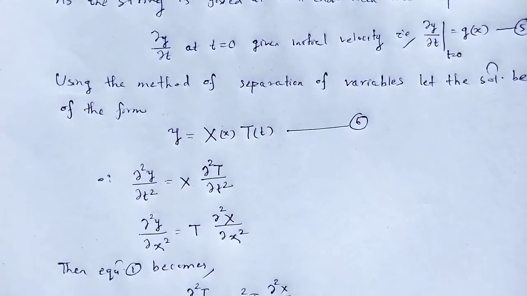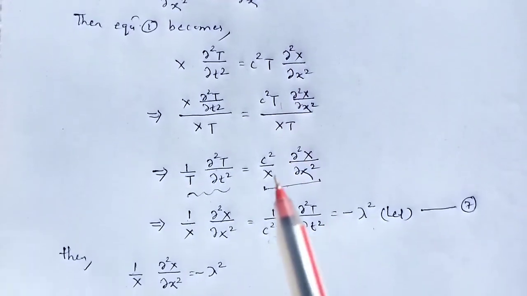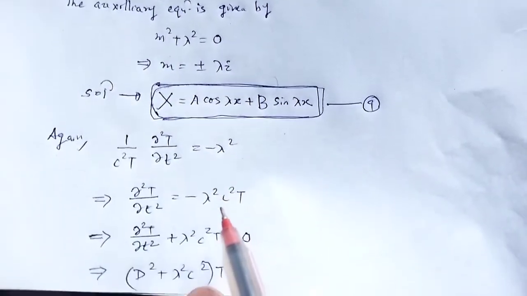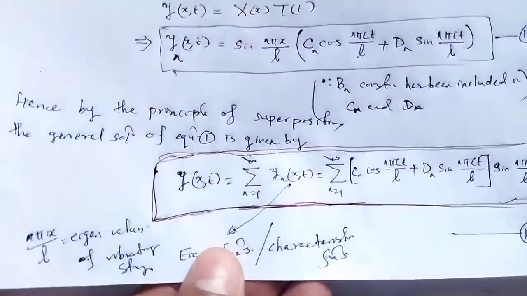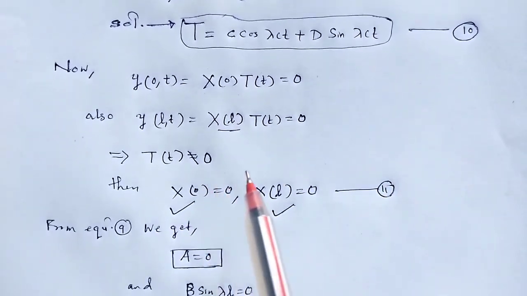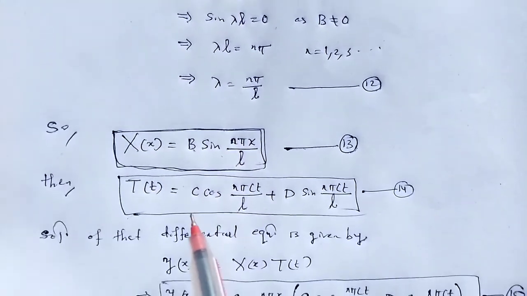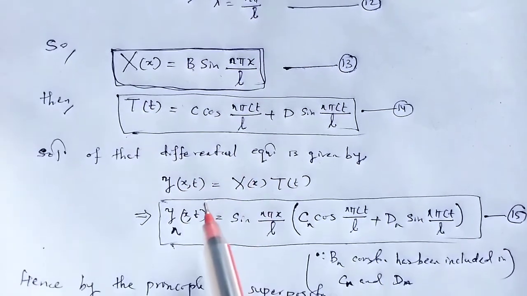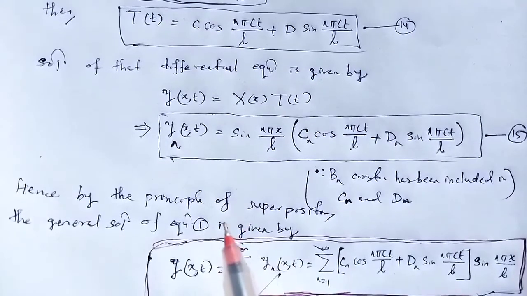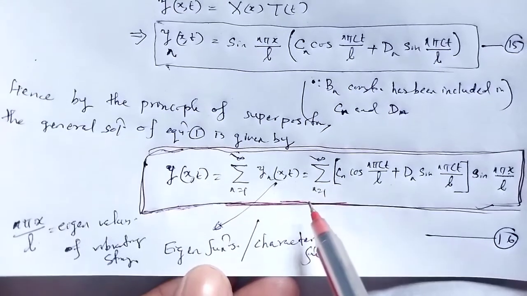We get the solution by using the variable separation method. X, and then we get for t, and putting the boundary conditions, finally we get yn of x t and the general solution of the given equation 1.